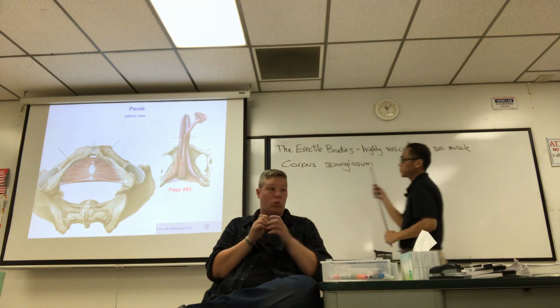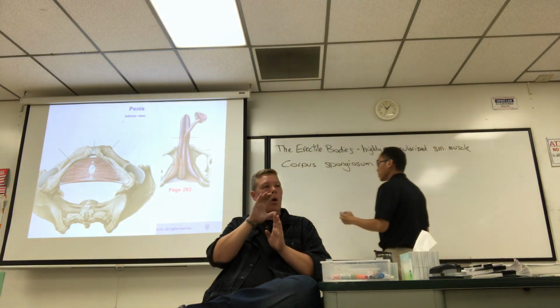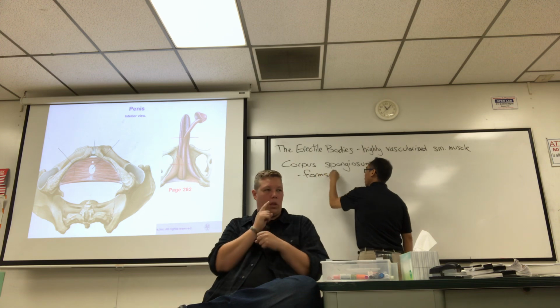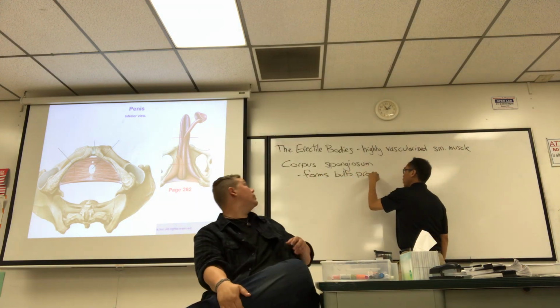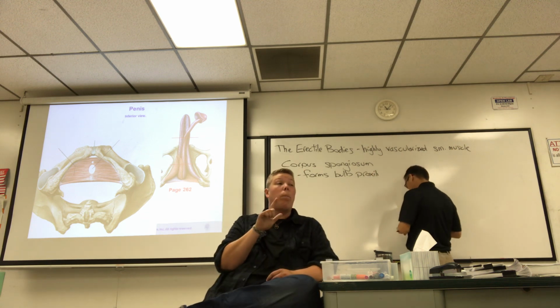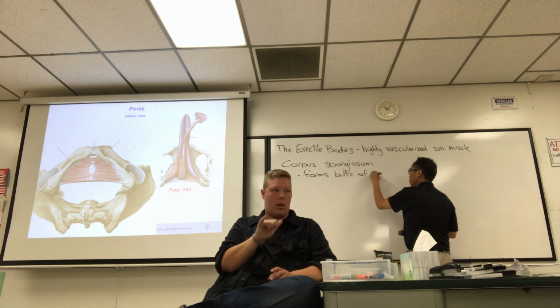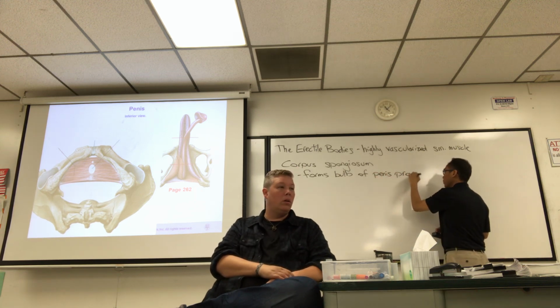What you can see from this picture is that proximally, the corpus spongiosum forms the bulb of the penis. Forms bulb of penis proximally.